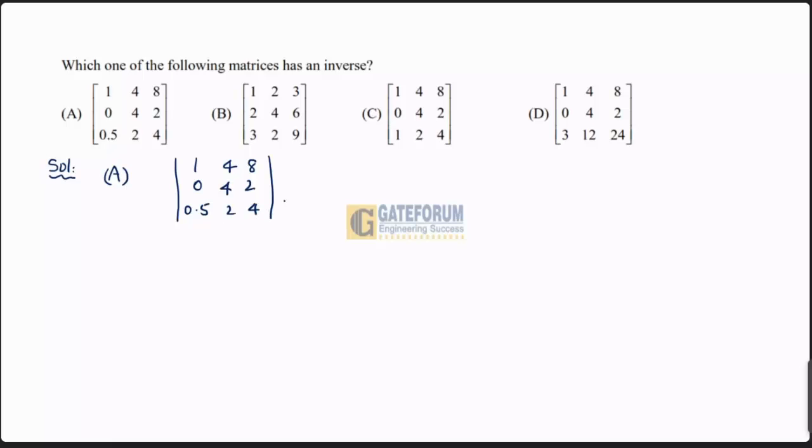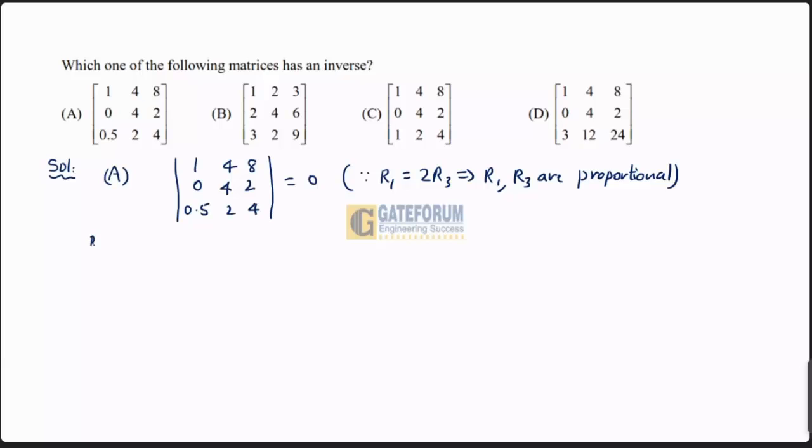R1 is equal to 2 times R3, since the row 1 elements are correspondingly 2 times the elements of R3. That implies R1, R3 are proportional. So this matrix has no inverse.